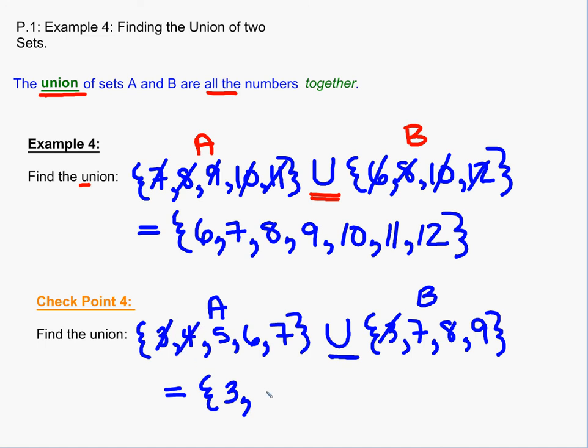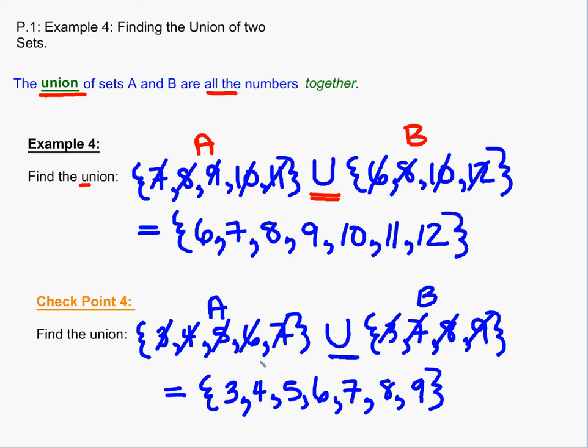Then comes 4. Then comes 5, 6. 7 is in both sets, but I write it down just once, no repeats. And then 8 and 9 to finish it off. And there's my answer for checkpoint 4.